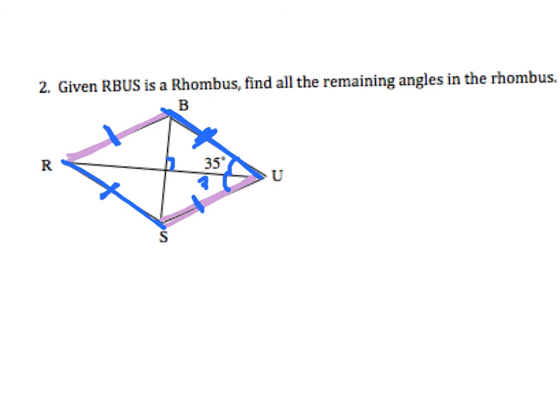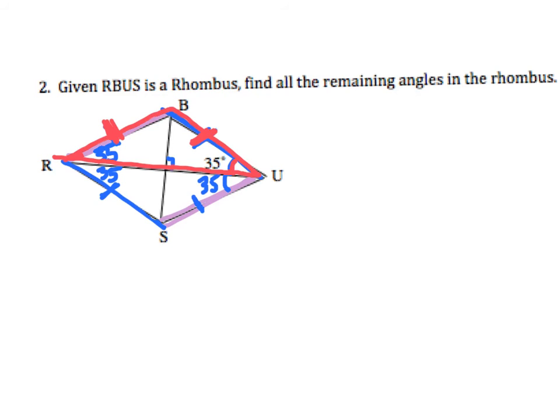So this one's also going to be 35. And again, angles across from each other are equal. Because if you look here, RUB, that's a triangle and it's isosceles. So if these two sides are congruent, then the two angles down here are congruent. So you've got a little bit of semester 1 coming back at you.